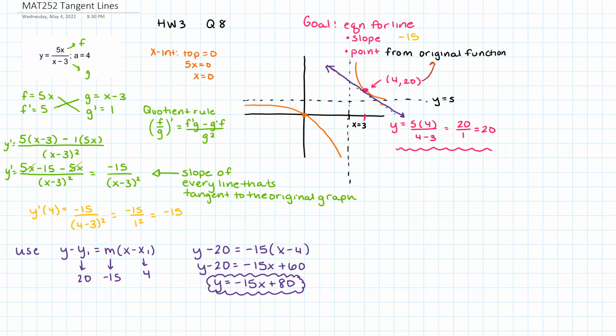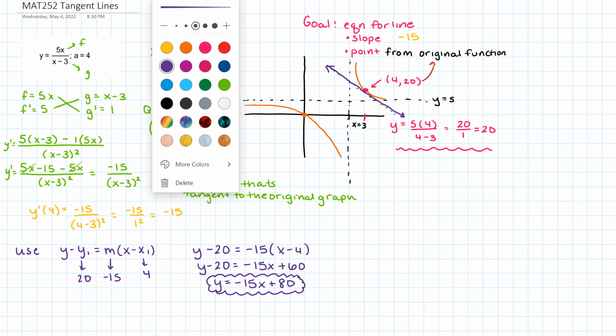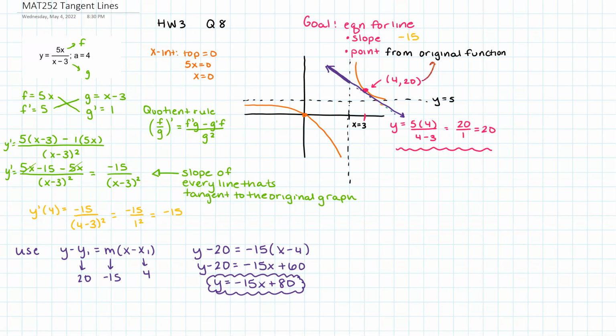This purple line here, I'm going to make it a little thicker so you can see it. This purple line is going down, down, down, down, down, right? Starts high, goes low. So its slope should be negative. Well, let's look at our slope. Hey, it's negative. Cool. That looks pretty good.